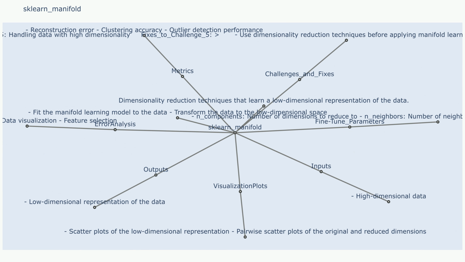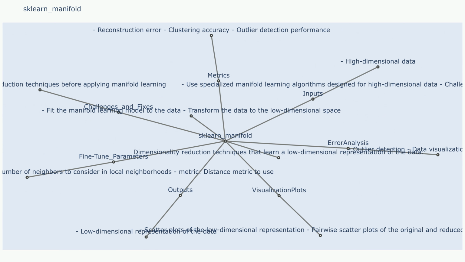Challenge 2: Nonlinearity. When the data exhibits strong nonlinear relationships, the manifold learning algorithm may fail to capture the underlying manifold structure. Sample use case that resulted in challenge 2: A dataset with complex nonlinear relationships between features. Fixes to challenge 2.